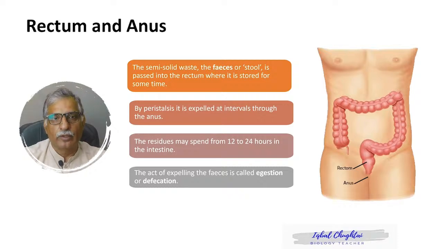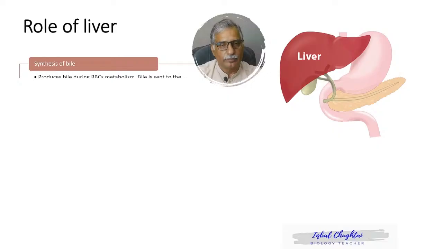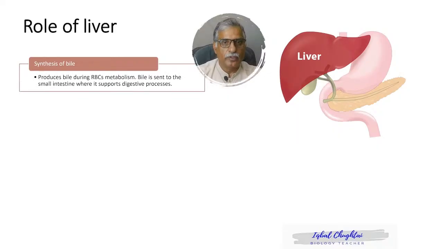Now we come back to the liver, and we need to discuss what particular role the liver performs within the human body. The liver is a very vital organ that performs a number of jobs simultaneously. One thing, in support of digestion, what does it do? It produces bile.